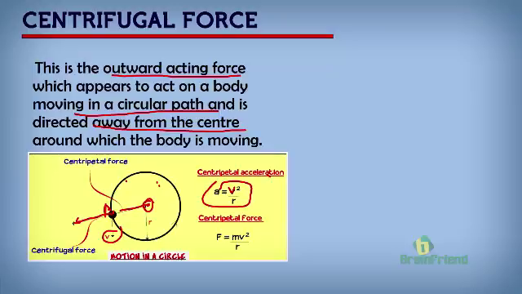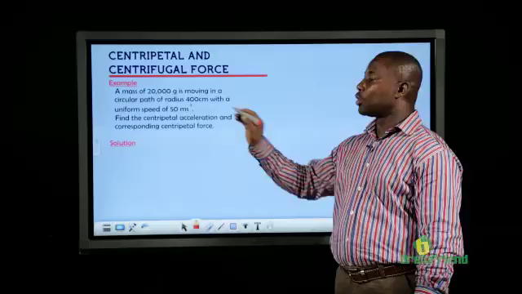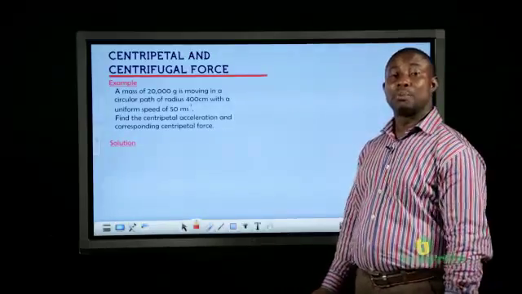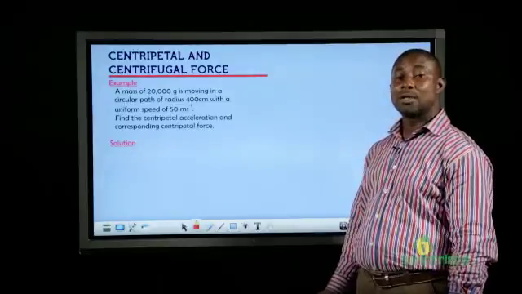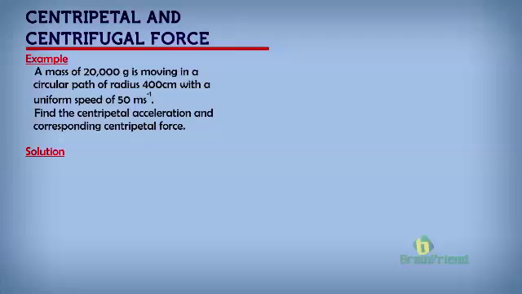And when we look at the centripetal force, F is given by the mass of the object moving in a circular motion multiplied by the square of the velocity divided by the radius of the circle. Let's go through this example to better understand how these two forces can be calculated in a circular motion.